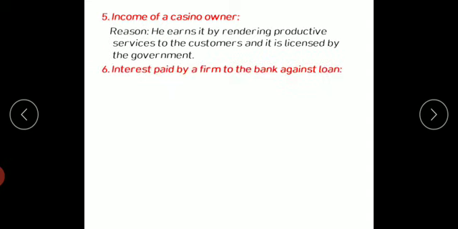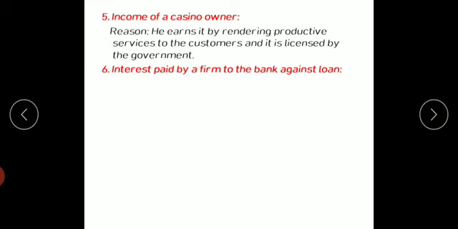Next, interest paid by a firm to the bank against loan. This is a very important thing. Remember this. Let me again explain to you. Interest paid by a firm to the bank. Okay, when a firm takes loan from the bank, a firm takes loan for productive purpose. And he produces goods and services, he makes some profit, then he pays interest to the bank.